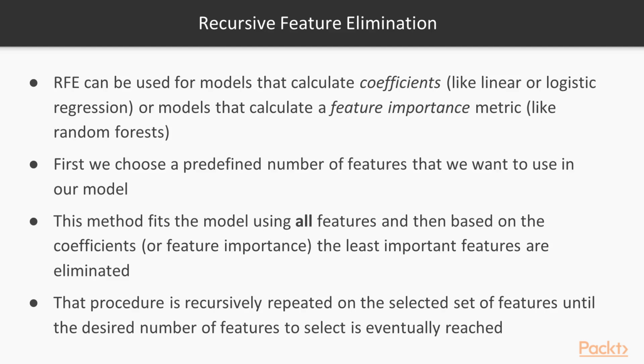Then, based on the coefficients or the feature importances, the least important feature is eliminated, and this procedure is recursively repeated on the selected set of features until the desired number of features is eventually reached. Okay, so we will also perform an example of this in the Jupyter Notebook.